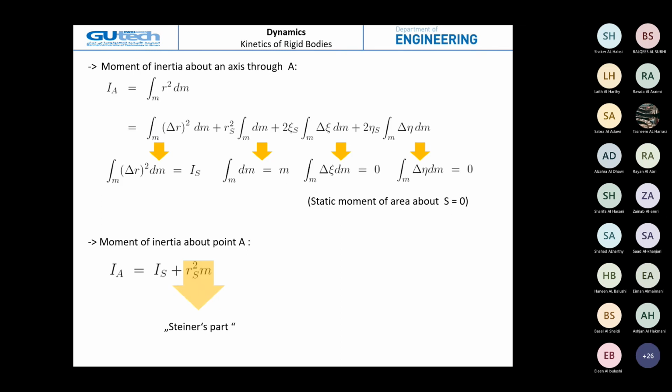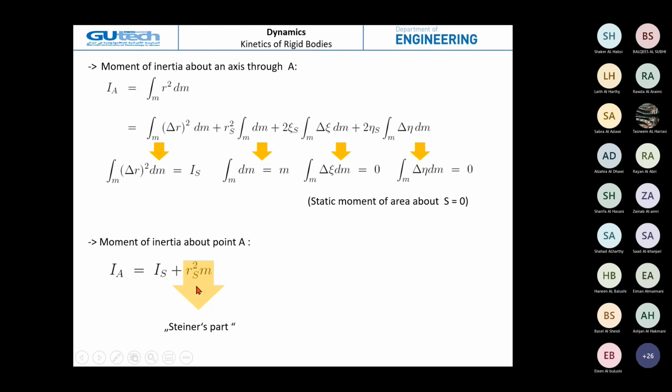Keep in mind, this is the important part, that's what we will use in practice, as we see it in tutorials. First, we have to calculate the moment of inertia about the center with Is, and if we want to calculate the moment of inertia for any arbitrary point on this rigid body, we apply the Steiner part.